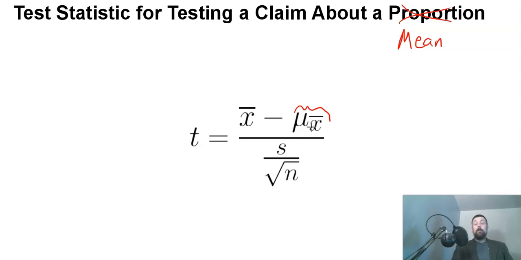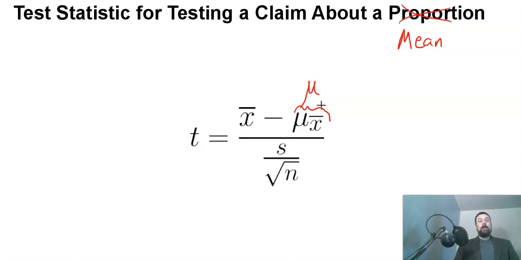Remember, from the central limit theorem, if the sample size is bigger than 30, or if the original population had a normal distribution, then the mean of the sample means simply equals the mean of the original population.